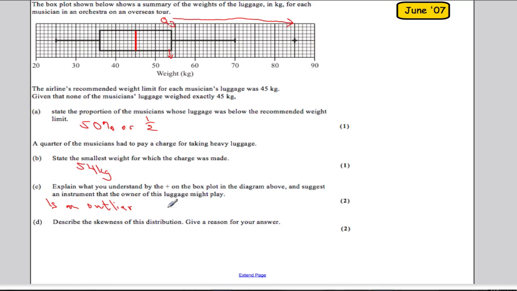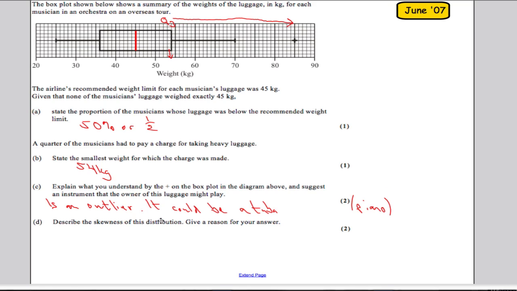Just off the top of my head, an instrument that I know to be very heavy is a tuba. So it could be a tuba. Or another example that you might have is a piano. Pianos are quite heavy, so it could be a piano.